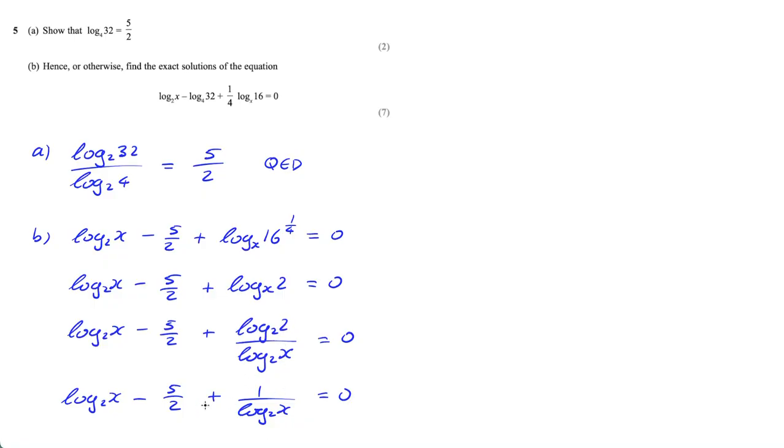Okay, now the next step, guys, because I have this underneath the line, I'm going to multiply across by log x base 2. So everything. This becomes log x base 2 times log x base 2. Now, guys, do not do anything silly. It's the whole thing squared, because we're multiplying this by this, whole thing squared. This then becomes 5 over 2 log x base 2.